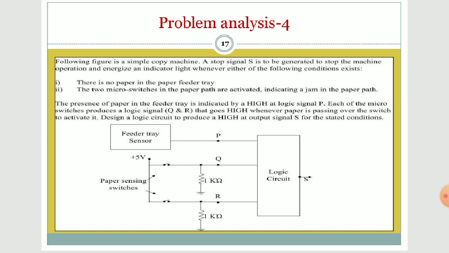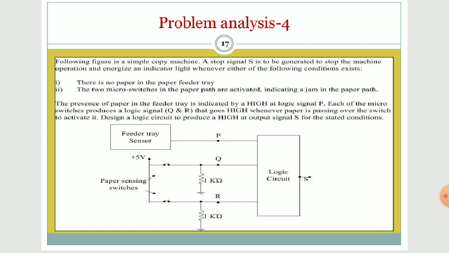So what are the conditions? In the problem statement we see that there are two conditions. One is when there is no paper in the paper feeder tray, and another condition is when the two micro switches in the paper path are activated, which indicates a jam in the paper path.